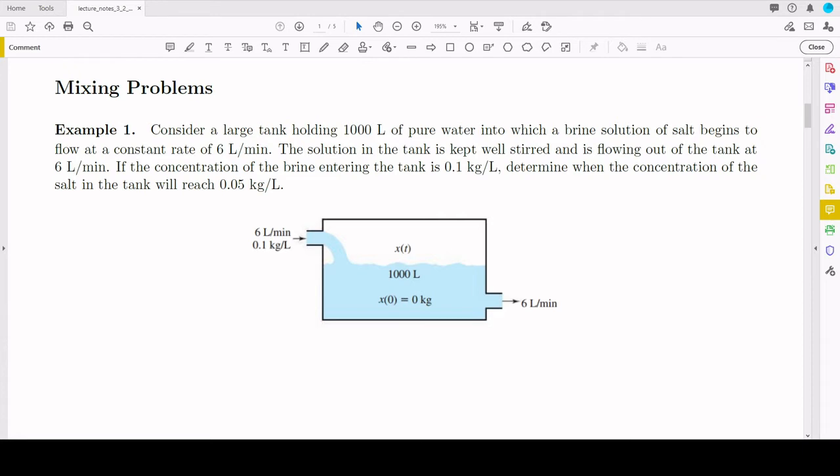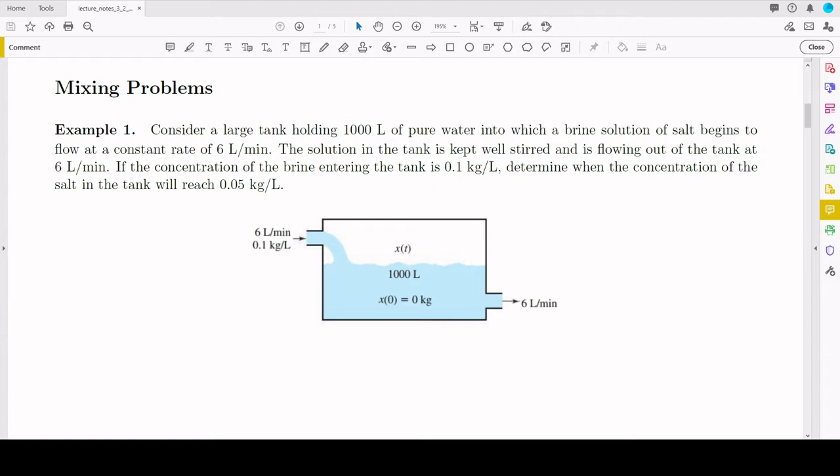So consider a large tank holding 1,000 liters of pure water into which a brine solution of salt begins to flow at a constant rate of 6 liters per minute. The solution in the tank is kept well stirred and is flowing out of the tank at 6 liters per minute.